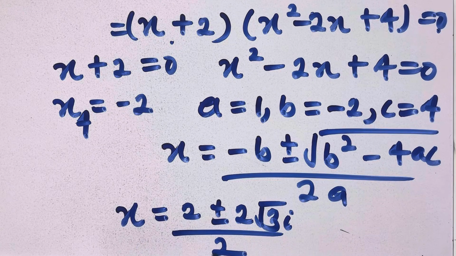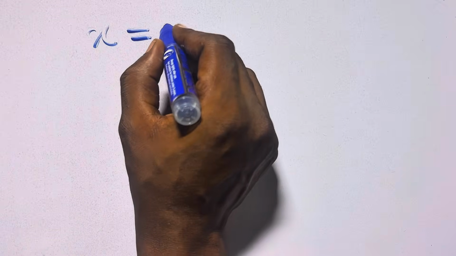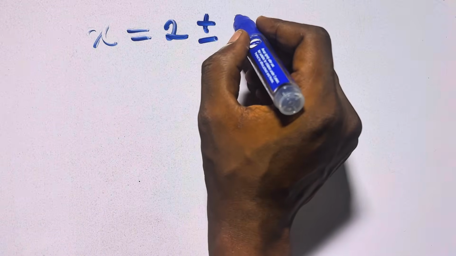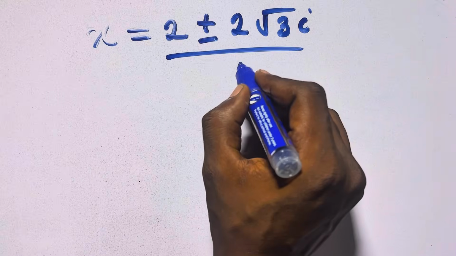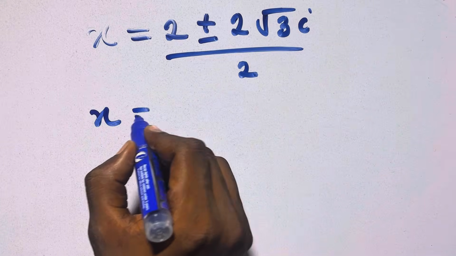And remember, we have two solutions here. This one is x4, and these will be x5 and x6. So we've gotten our 6 solutions. Let me list them out. The final x we have is x equals 2 plus or minus 2 root 3i divided by 2. We can factorize 2 out here.